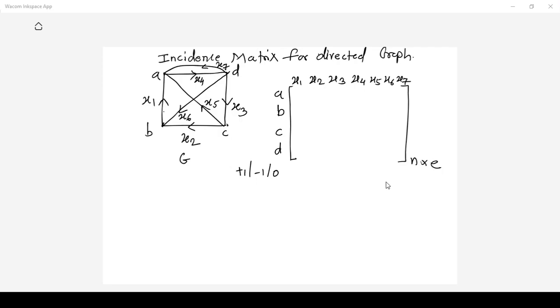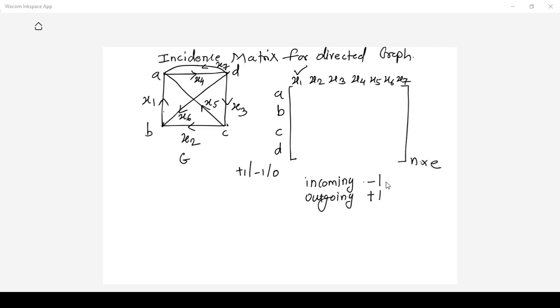Now when to write plus 1, when to write minus 1, and when to write 0? Whenever an edge is incoming at the vertex, we write the value minus 1. Whenever an edge is outgoing from the vertex, we write the value plus 1. In the rest of the cases we write the value 0. So consider the first edge, that is x1.